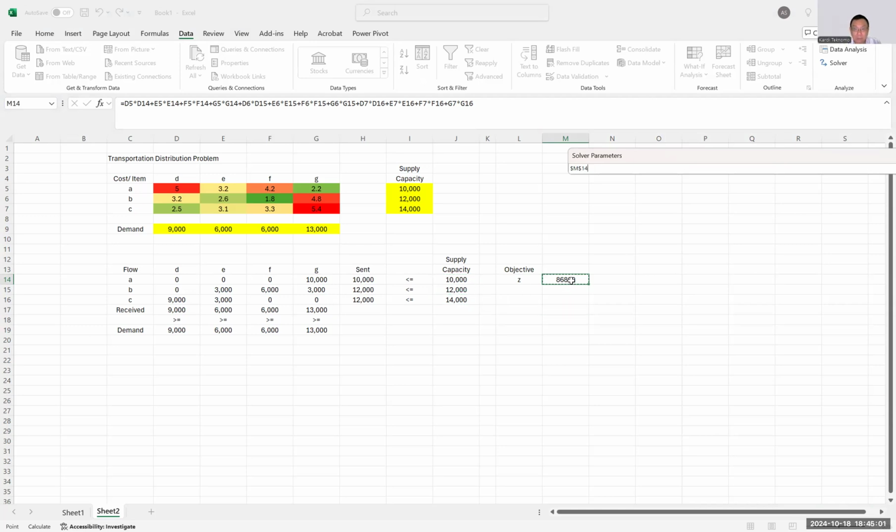But this has to be set up as a formula. For the objective, you can just use SUMPRODUCT. That one is the same as the sum product of the matrix and the cost, one by one, which is very long.